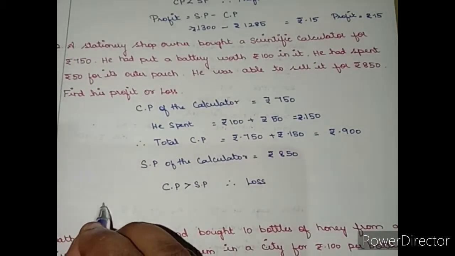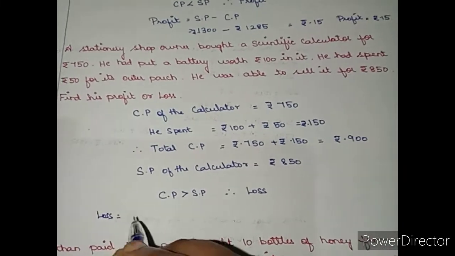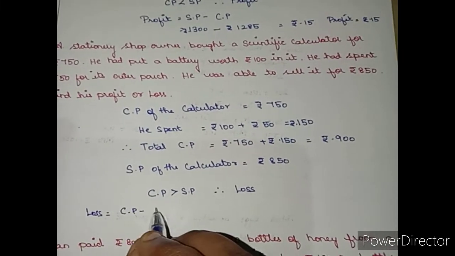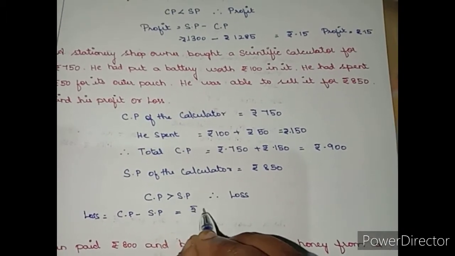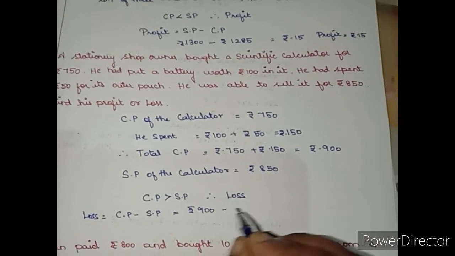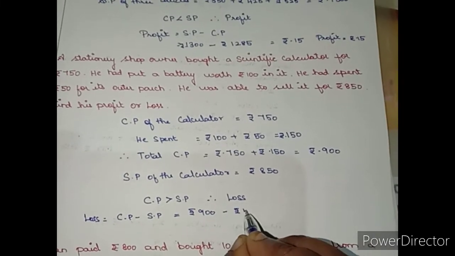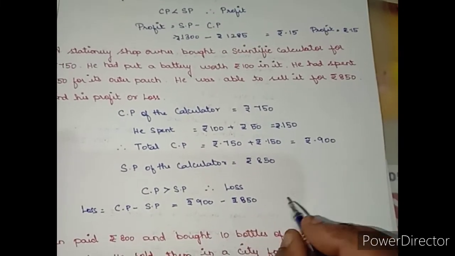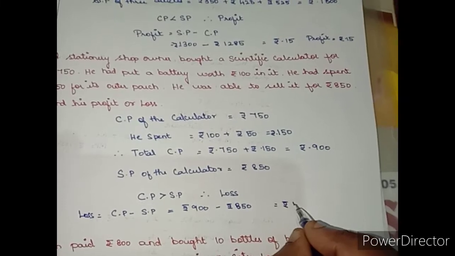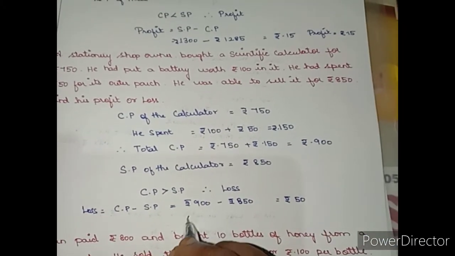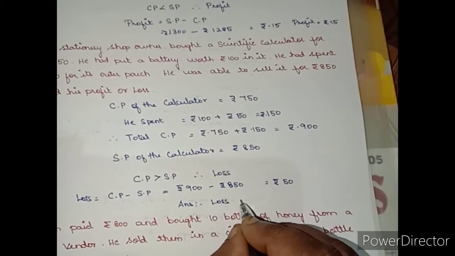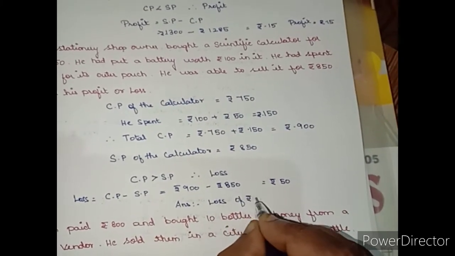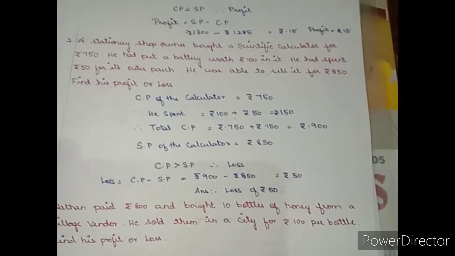What is the formula for calculating loss? CP minus SP. What is CP? 900 minus 850. It is rupees 50. So the answer is, it is a loss of rupees 50.